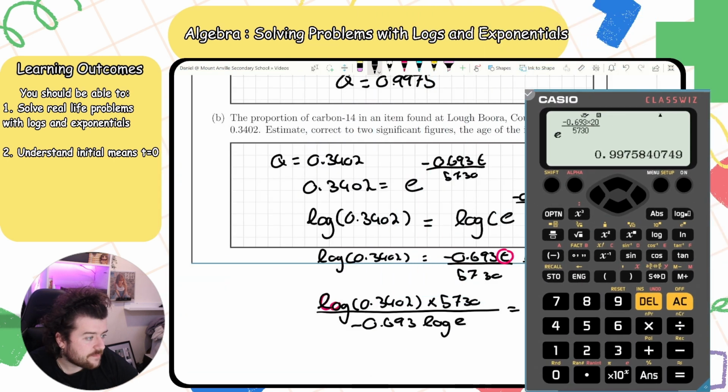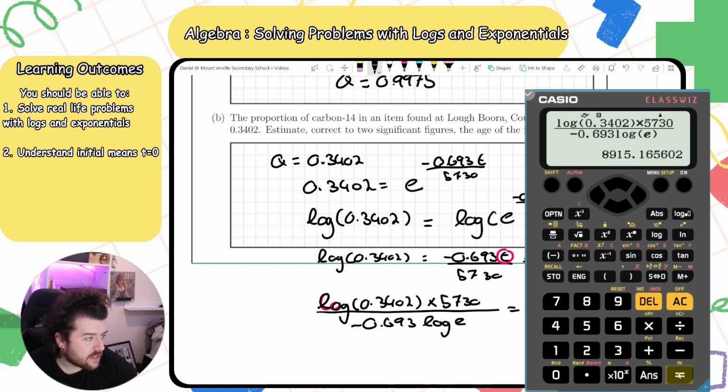we get, so we're using a natural log here, so log 0.3402 times 5730 divided by minus 0.693 log e.